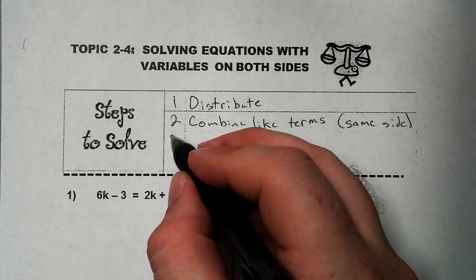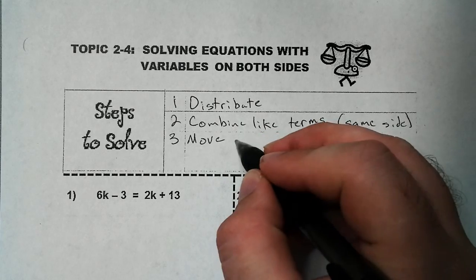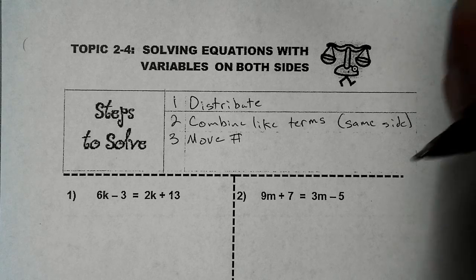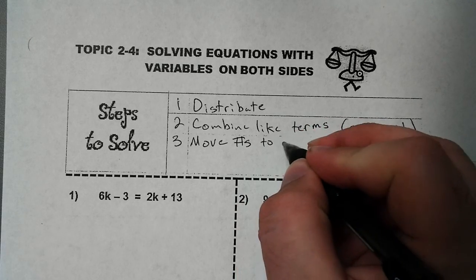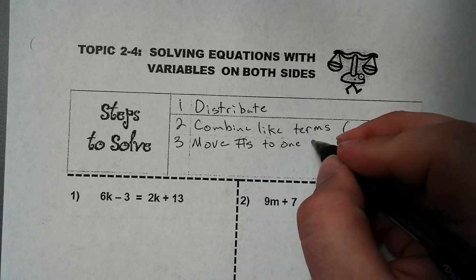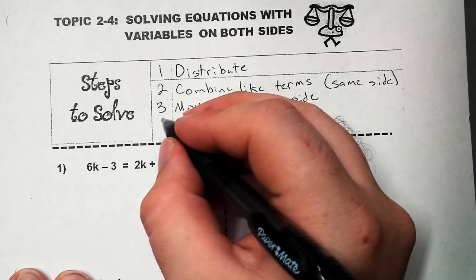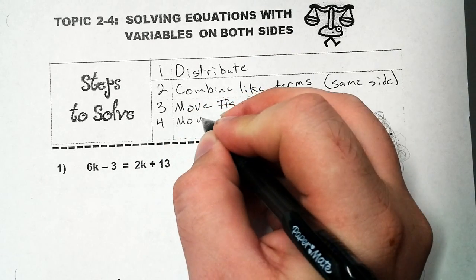Our third step, we're going to move our numbers to one side. And when I mean numbers, I mean anything that doesn't have an X, a Y, a Z, whatever the letters are. So move your numbers to one side. And then our fourth step is going to be to move the variables to the other side.